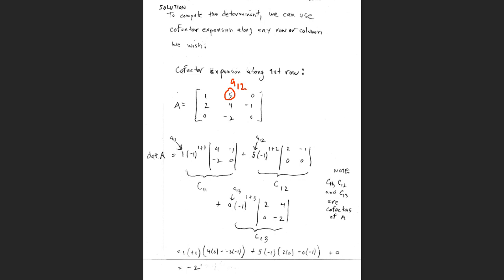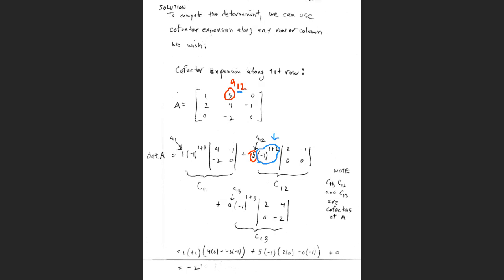So, okay, now here's the 5. That's a sub 1, 2. And you're multiplying that 5 by, again, -1 to a power. What is the power? Well, because the 5 is in the first row, second column, we raise it to the 1 plus 2 power.